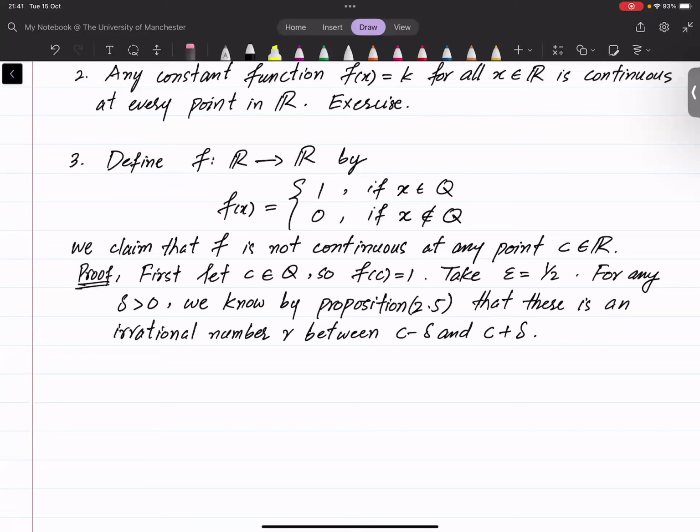Then mod of r minus c is less than delta, but mod of f of r minus f of c is actually nothing but 0 minus 1, which is 1, which is greater than epsilon.